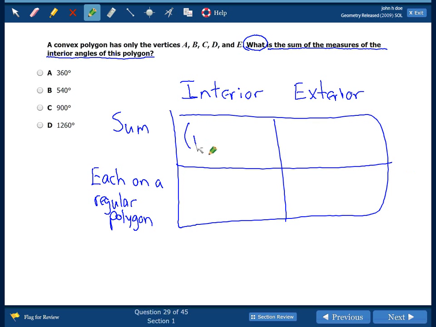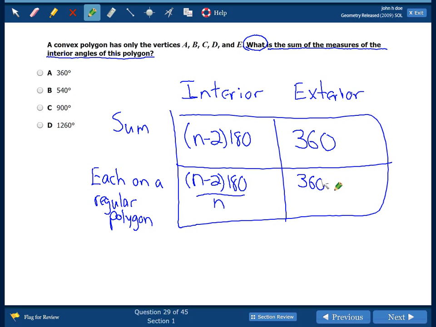So our formulas were n minus 2 times 180, 360. Those were what the sums were of interior and exterior angles. And then we just took the same things and divided them by n, which n was the number of sides.